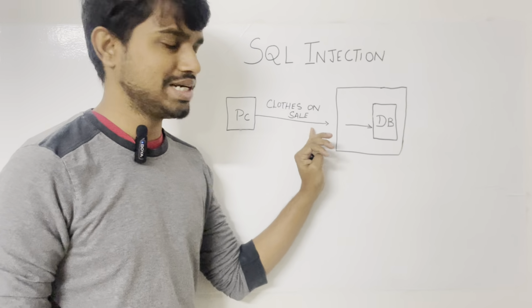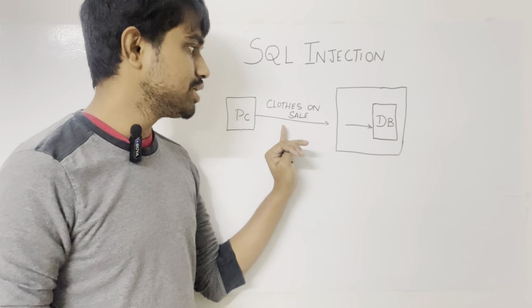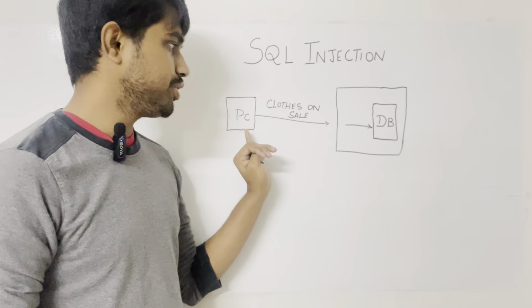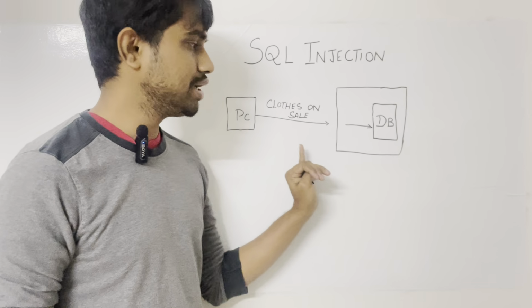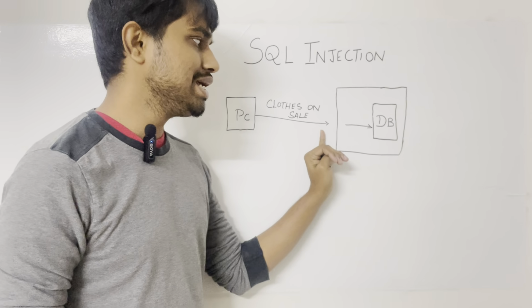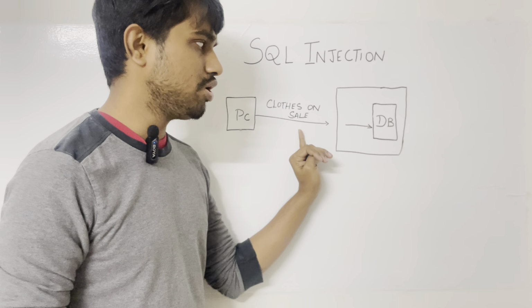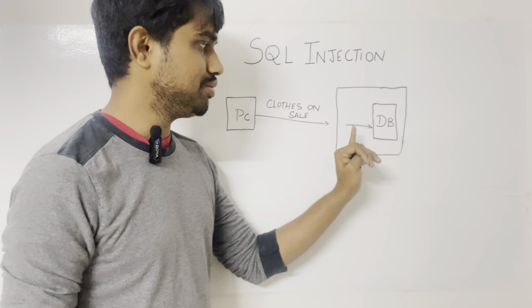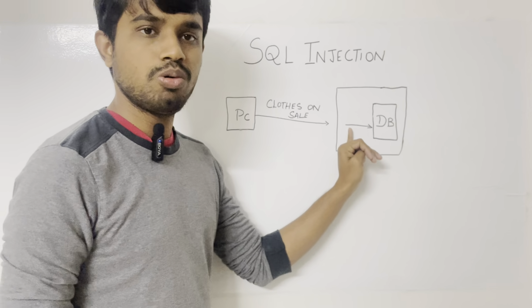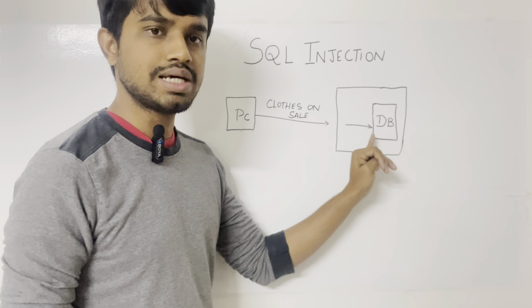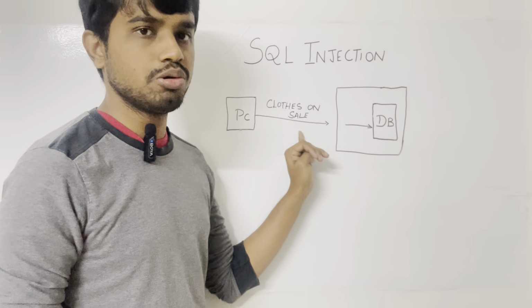If you haven't watched the HTTPS video, you can take a look. HTTPS is the way your computer and any computer on the internet communicate. Similarly, HTTPS is a protocol, but within Myntra's computer, how will Myntra call its database asking for all the clothes on sale?